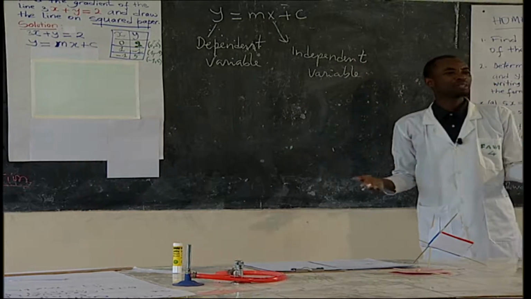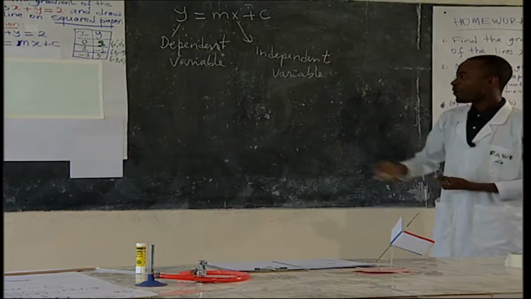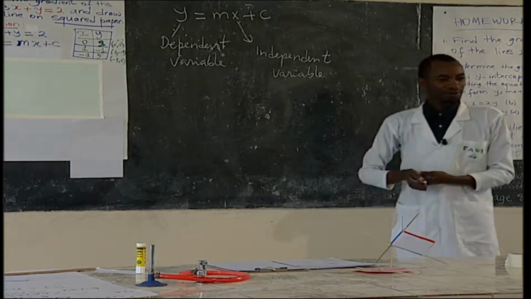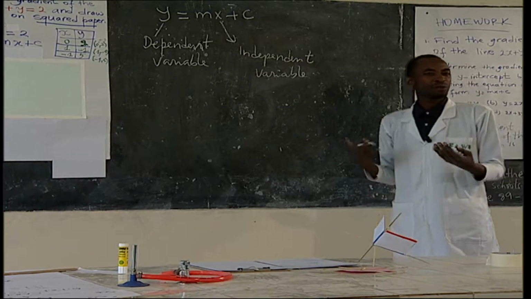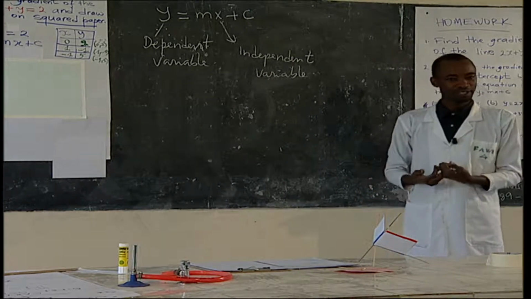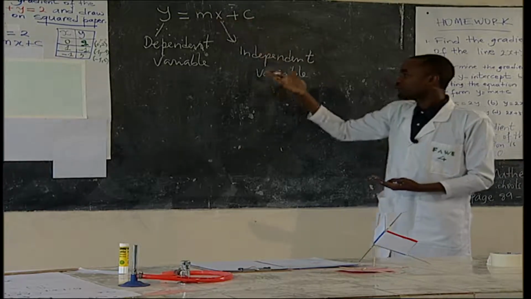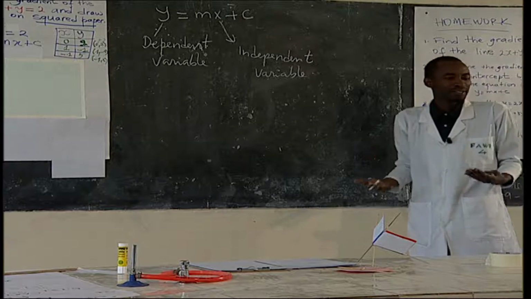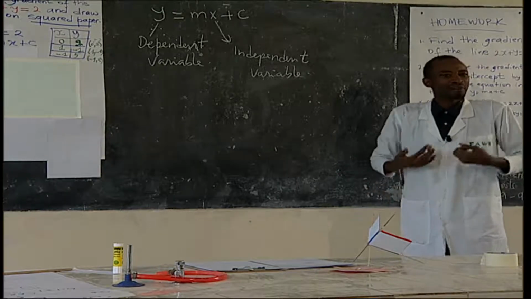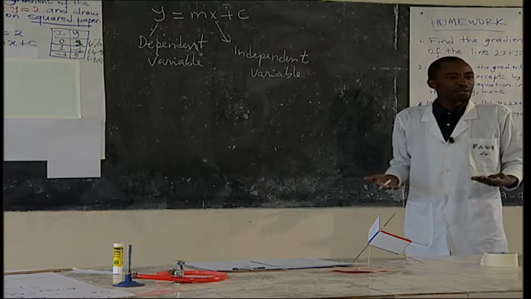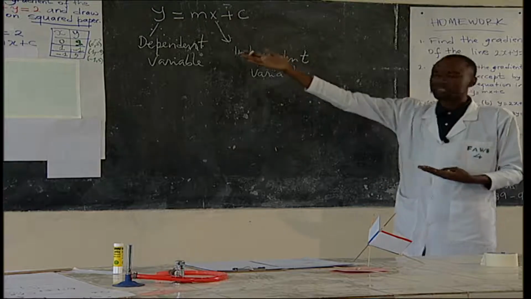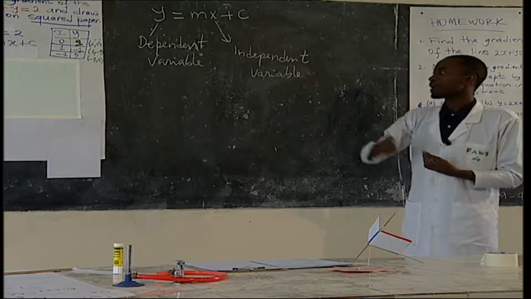Why do we call them like that? Why is it called the dependent variable? Because when you are calculating it, you need to base on the value of x. And of course, x is called independent because it's there as a value. You need to give it a value, and it will help you to find the value of y.